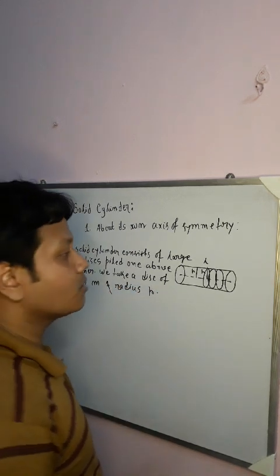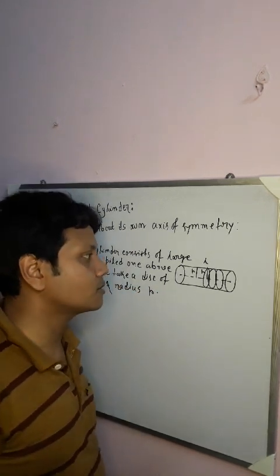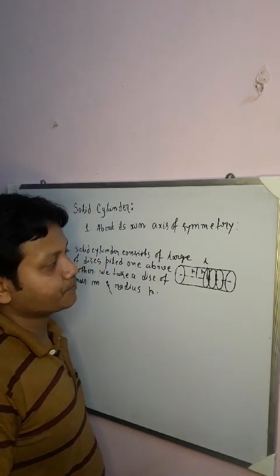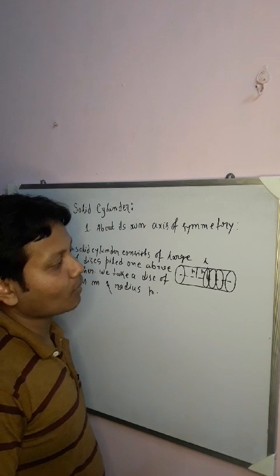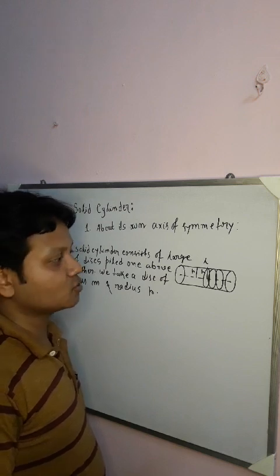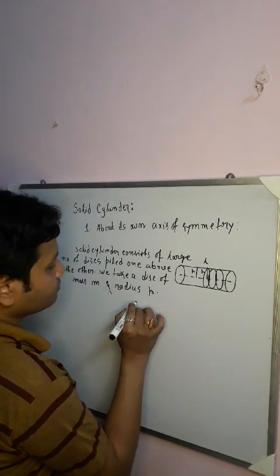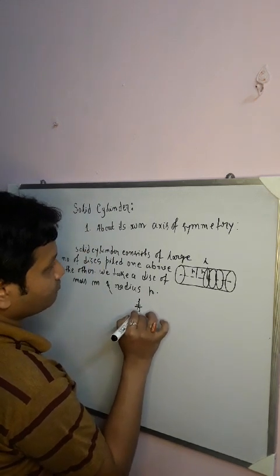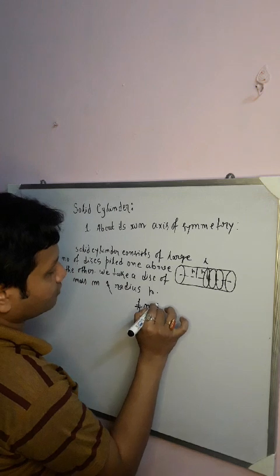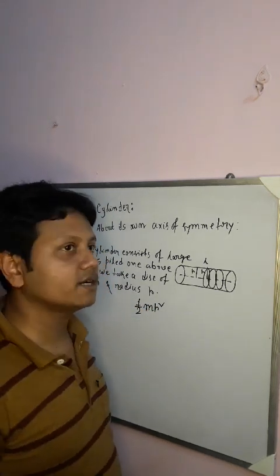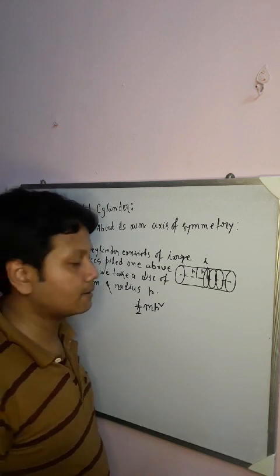What will be the moment of inertia of such a disc about its own axis, the axis of rotation? We know that it is half m r square.